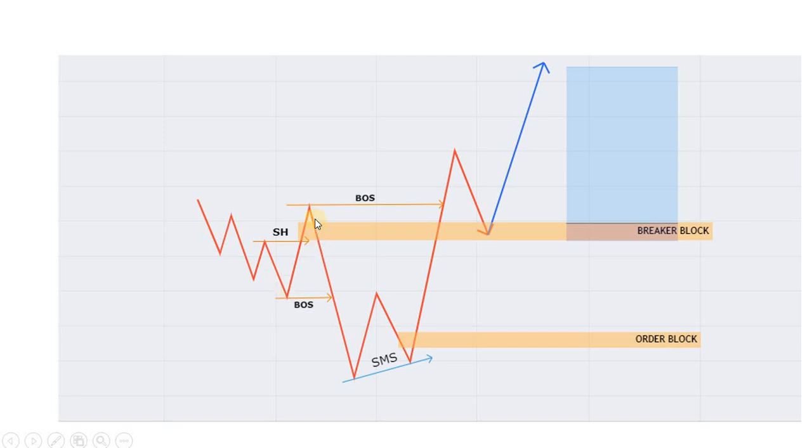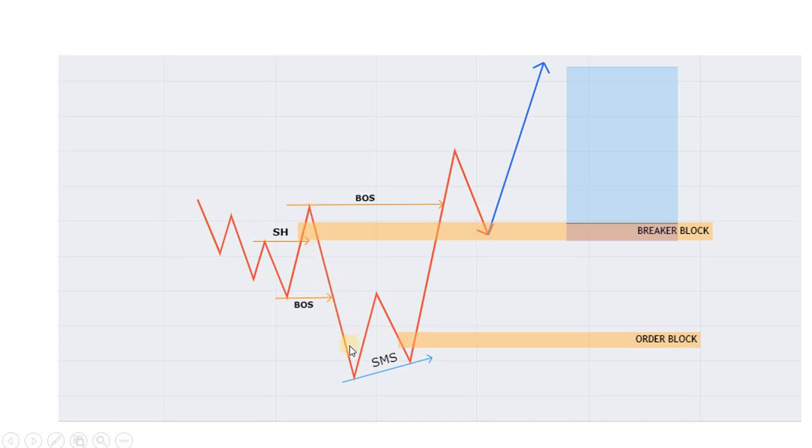Alright, and we can notice possibly that this bearish move, break of structure, must have been sponsored by an order block at this location. So what do we expect normally?